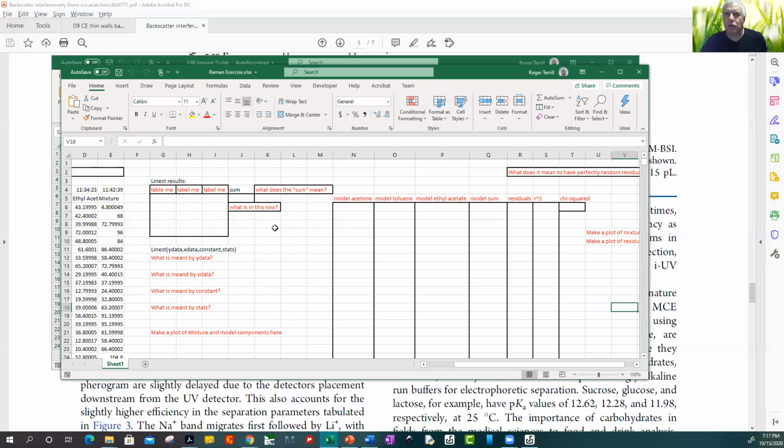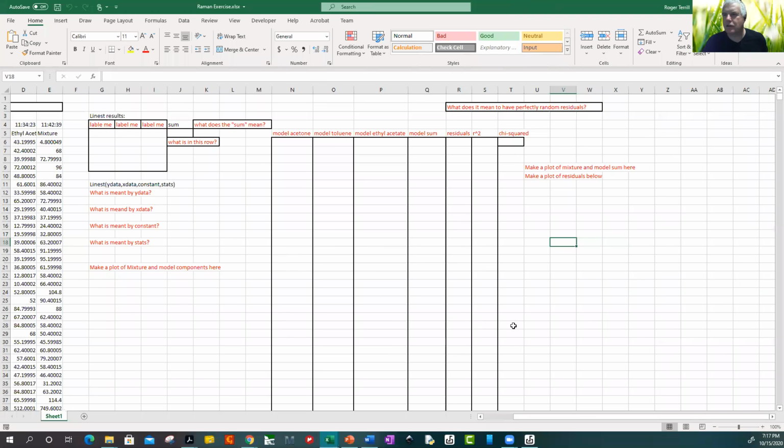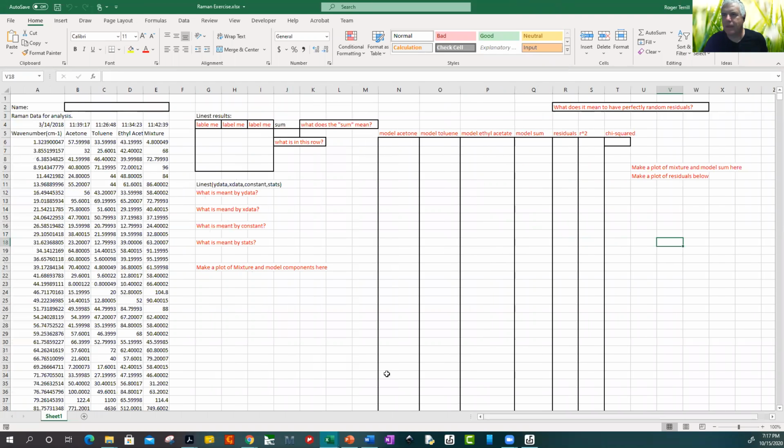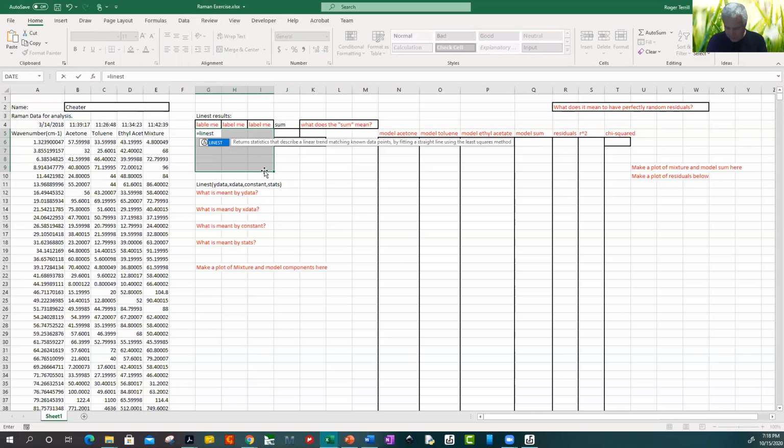Okay, all right. So here's the template that I was asking you guys to do. Let me do it really quick. Okay. Now this is LINEST. We say equals LINEST.